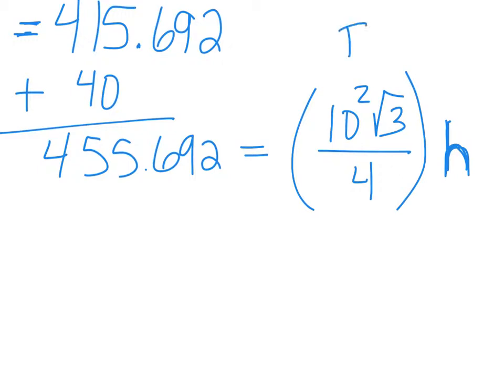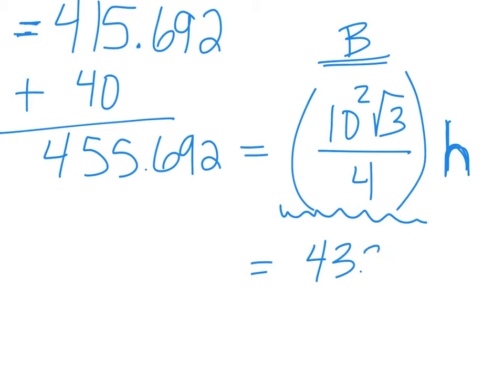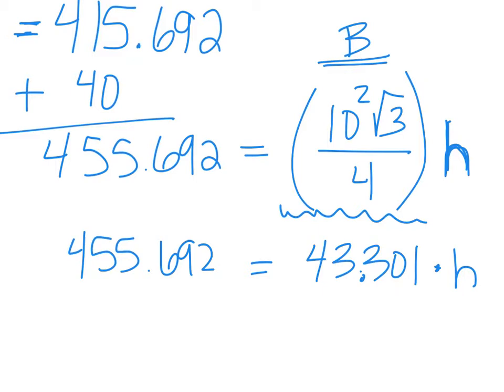The base area stays the same. The triangle stays the triangle. Nothing about it changes. So I'm going to calculate this real fast. 10 squared times the square root of 3 divided by 4 means the base area is 43.301, and that needs to equal 455.692 divided by the height.